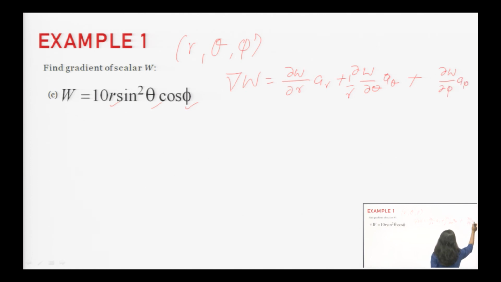a phi. Suppose this is the spherical coordinate system, with the Cartesian x, y, z axes, and we make a sphere here.